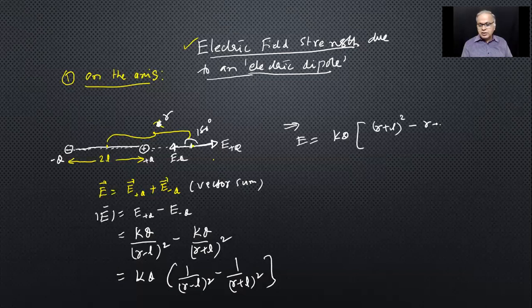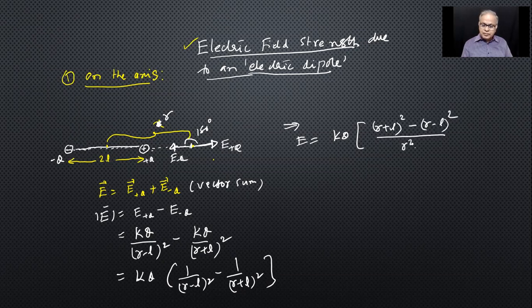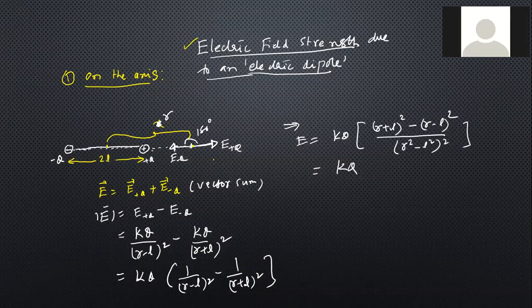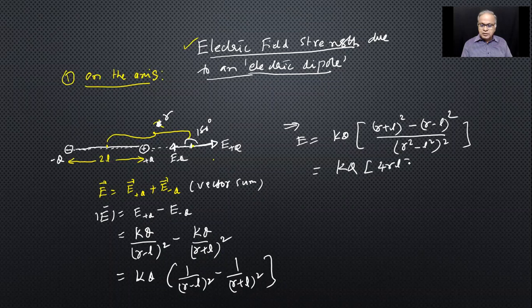It implies E equals kq into 4RL by (R square minus L square) whole square. Is it okay? In one step I wrote. Is it okay, everybody? The maths part of it.